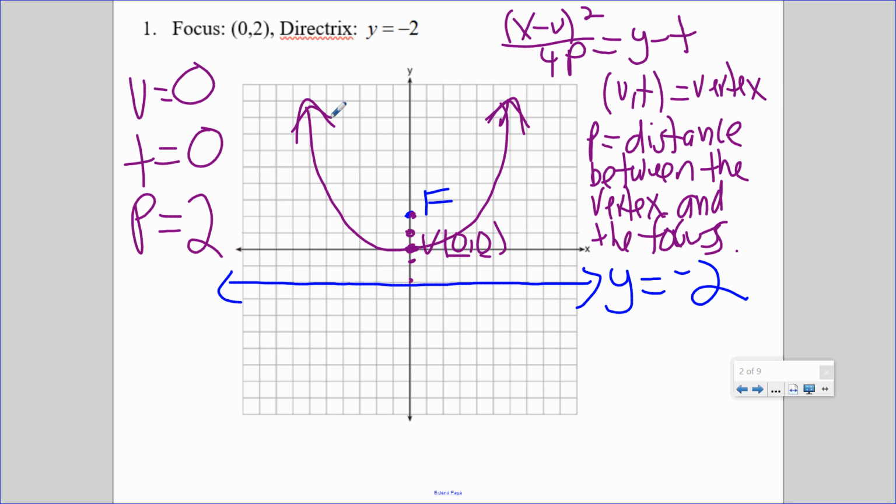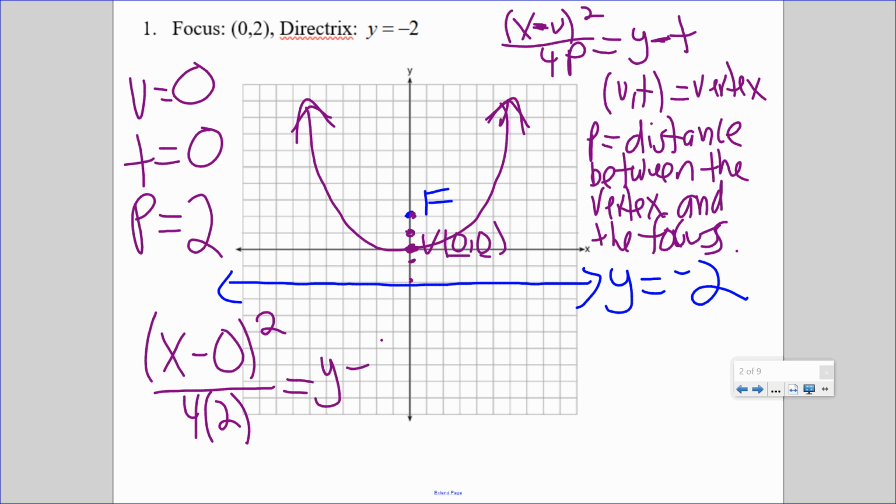So, time to substitute in. Now, minus in a formula means change the sign. Just like in the quadratic formula, when you have x = -b, that means change the sign of b. This means change the sign of v, change the sign of t. Doesn't really apply with the 0. (x - 0)² / (4 · 2) = y - 0.